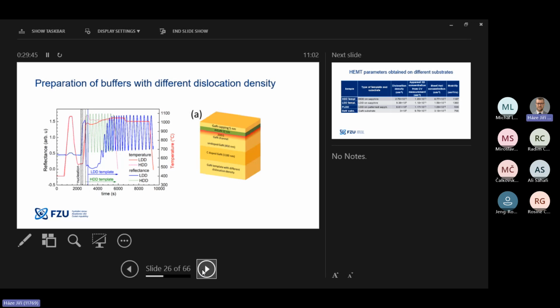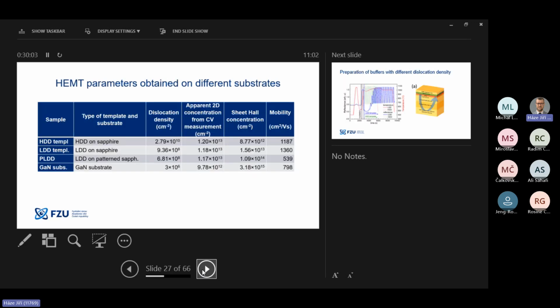I told you before that we can grow buffers with different dislocation densities on sapphire. We have used this to grow structures on them and see how the dislocation density affects the properties of the structures. Here are different samples with different dislocation densities, which we have used as templates.